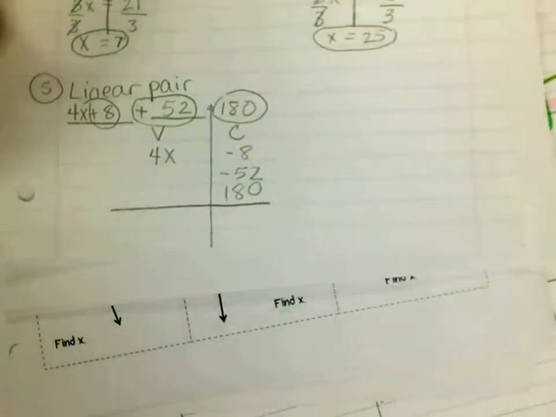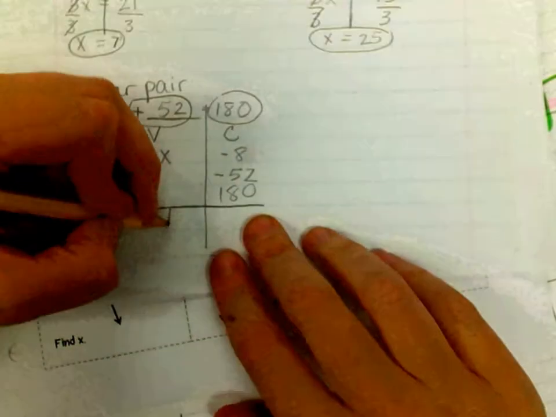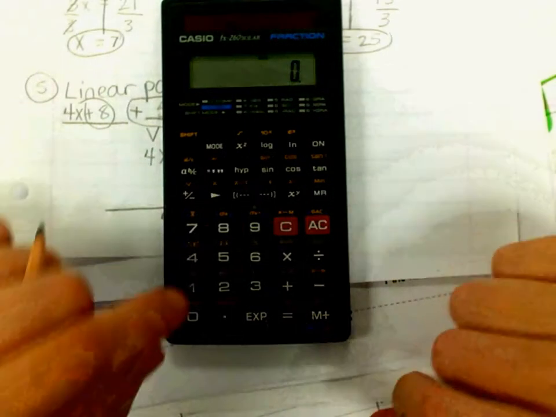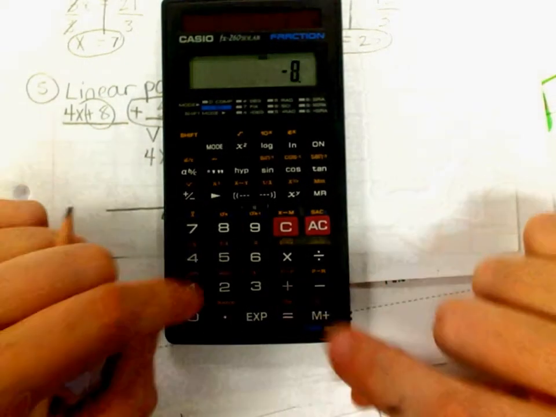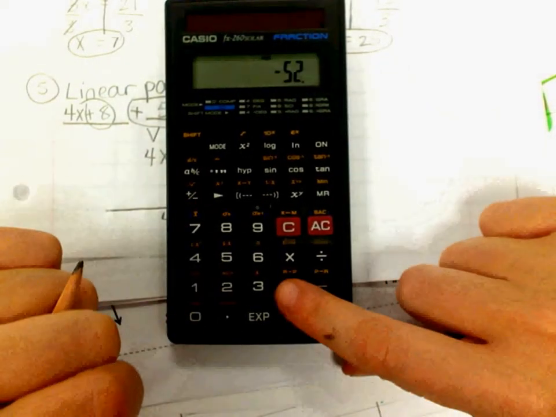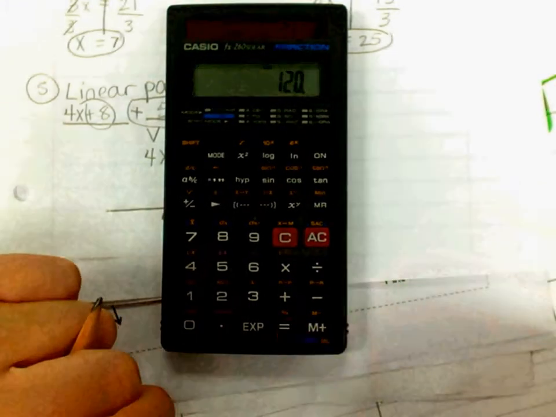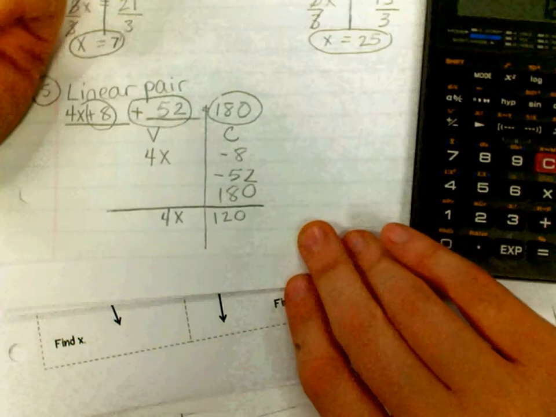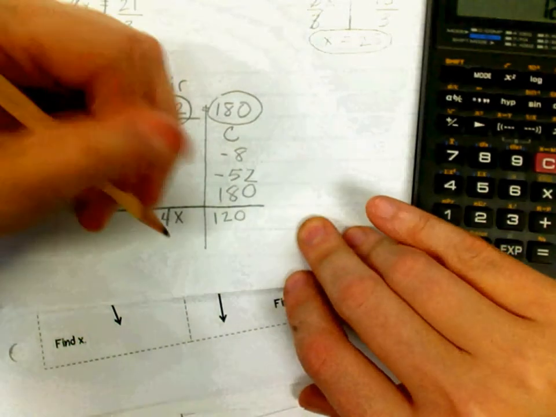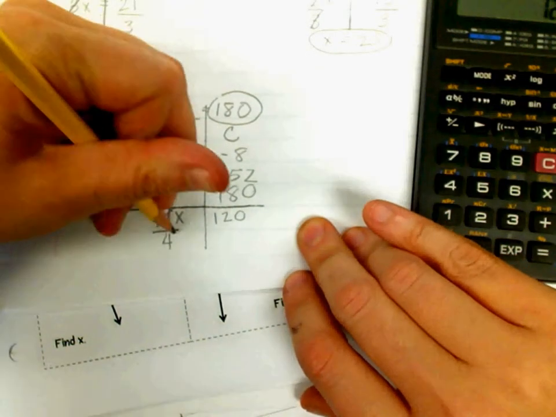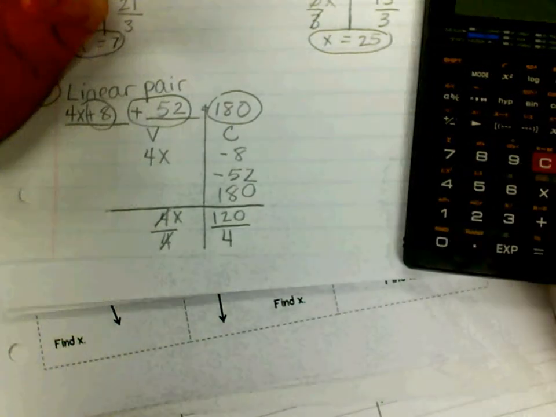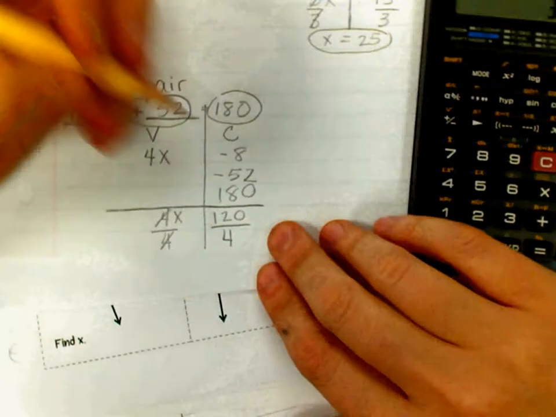Okay, now add them all up. This is just 4x. Then we have a negative 8 plus a negative 52 plus 180. And I got 120. And then divide by 4. X equals 30.